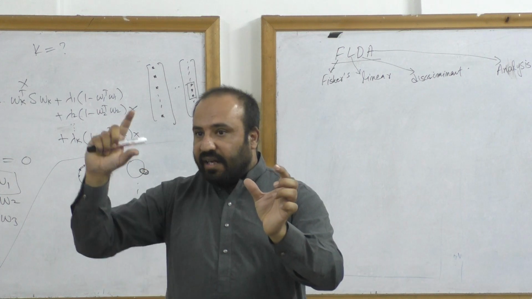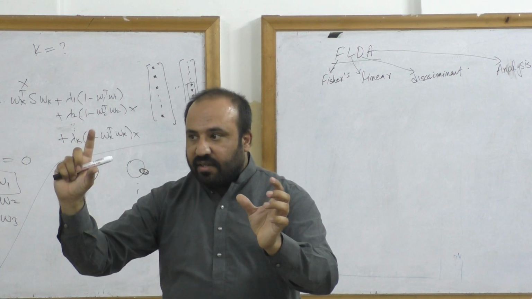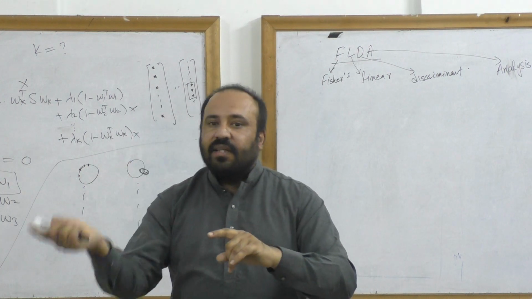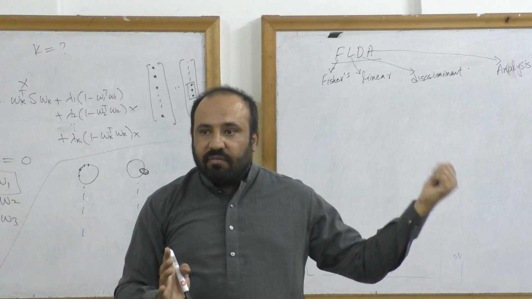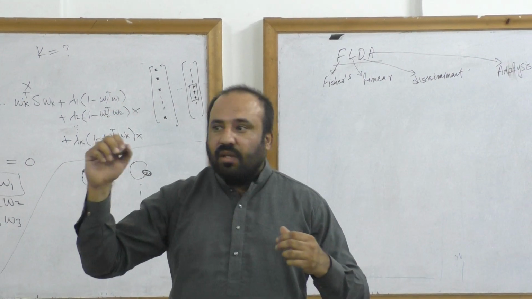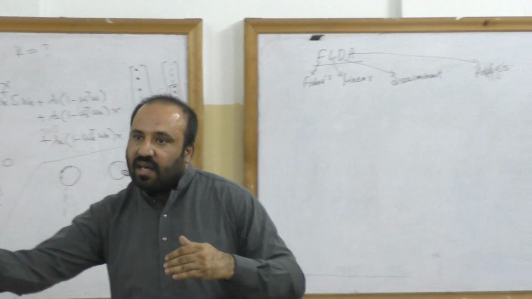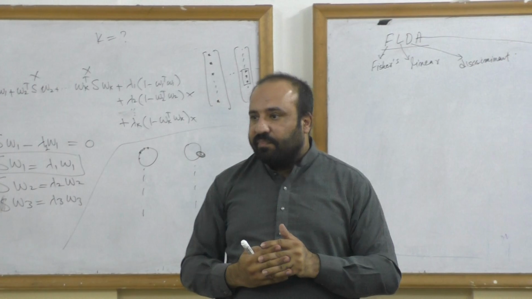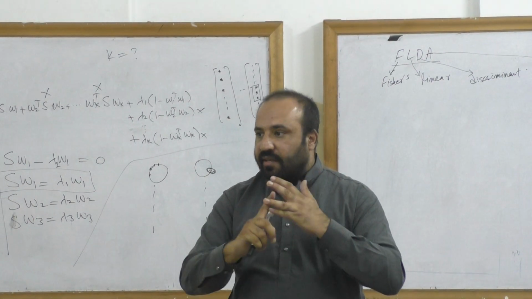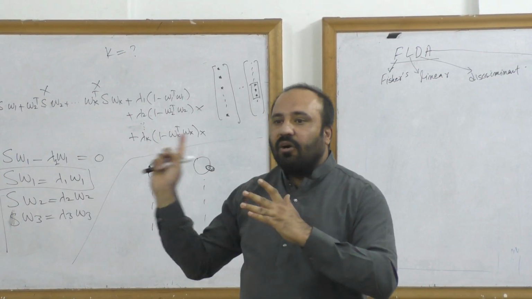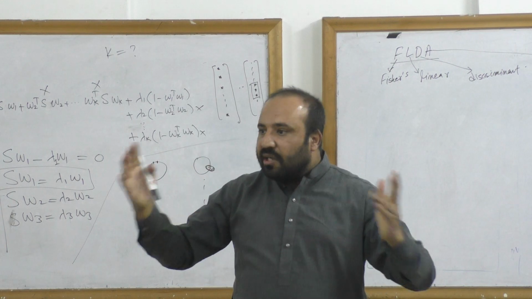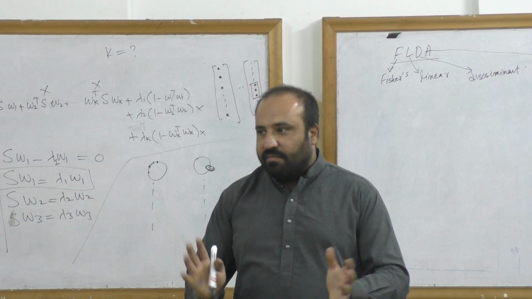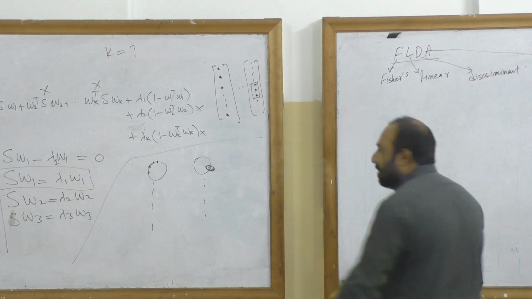Whenever you transform a vector to another vector, and that transformation is achievable through a matrix multiplication, that transform is called linear. So here we will see that the actual transformation from xi to its projection is achievable through a linear transform. So it is called Fisher's linear. Now, discriminant because it is going to make new features in which the discrimination is very high. Analysis means that we are going to analyze. So Fisher's linear discriminant analysis.